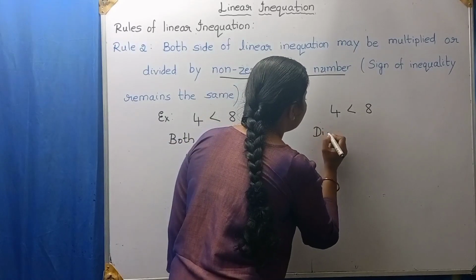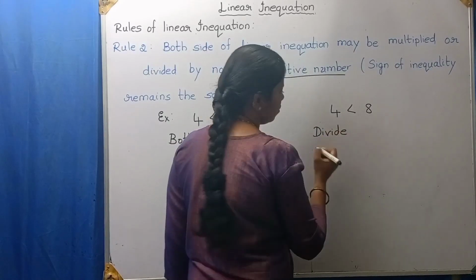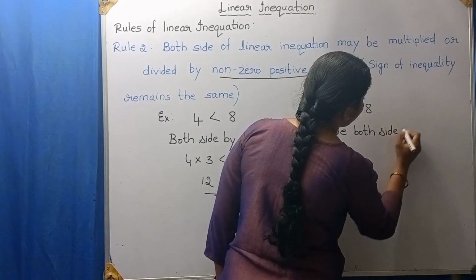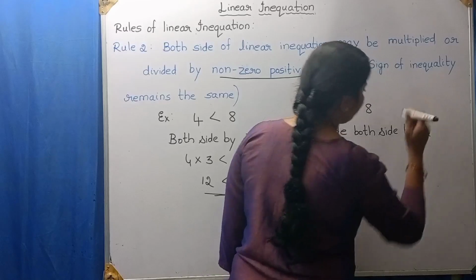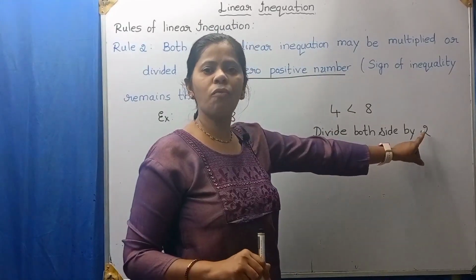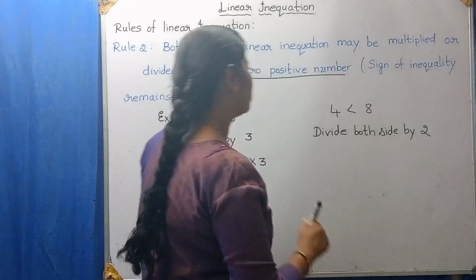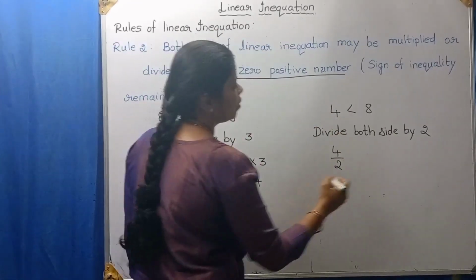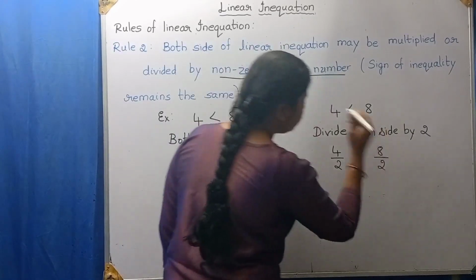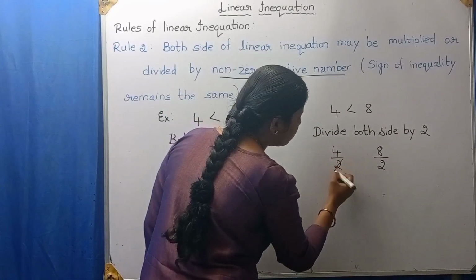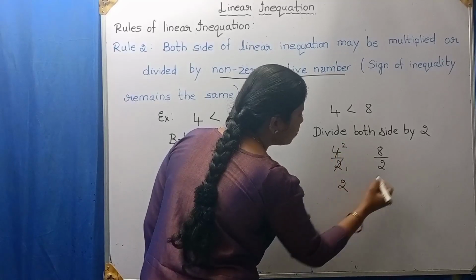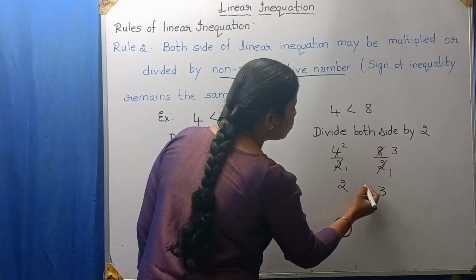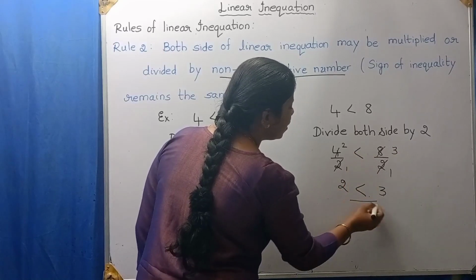Divide both sides by 2. 2 is a non-zero positive number, right? 4 divided by 2 is 2. 8 divided by 2 is 4. 2 is lesser than 4.